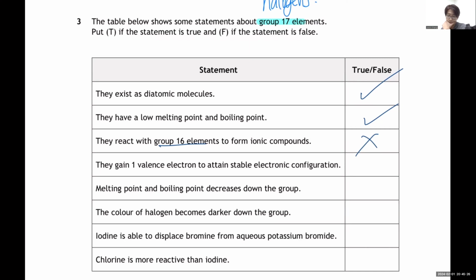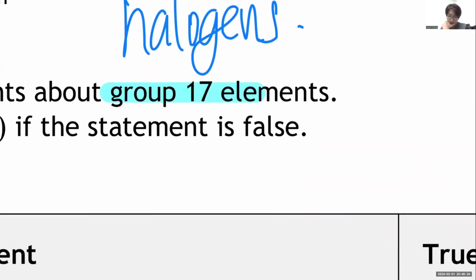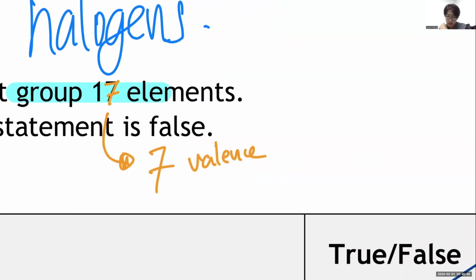Will they gain one electron? So 2,17 means what? Oh, cannot fit several electrons. Is there a difference? Is there a difference? The word valence. Yes.